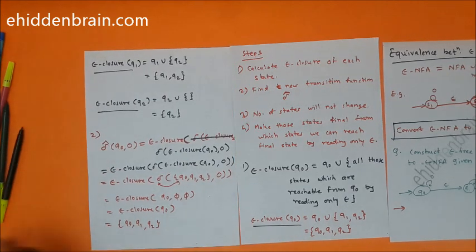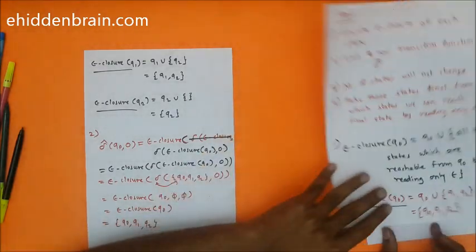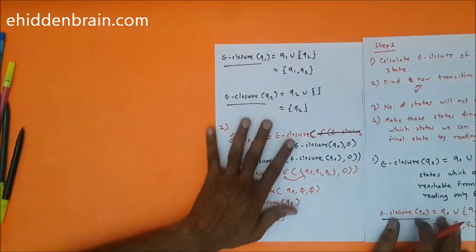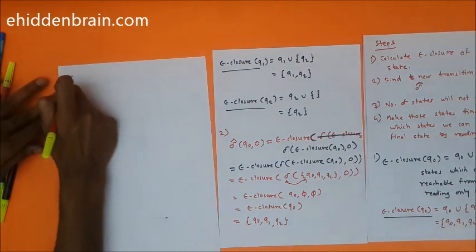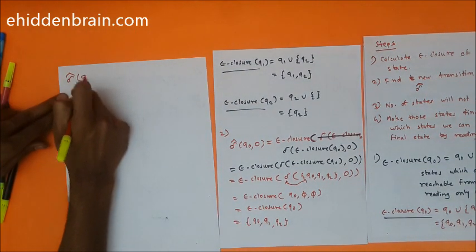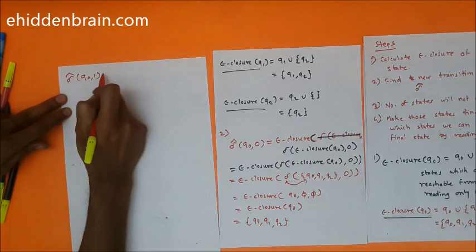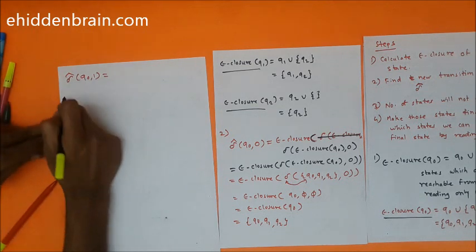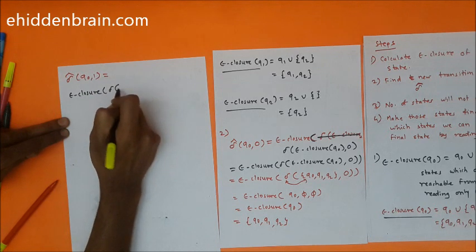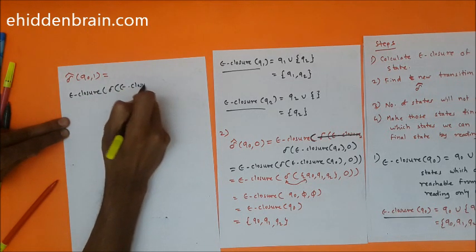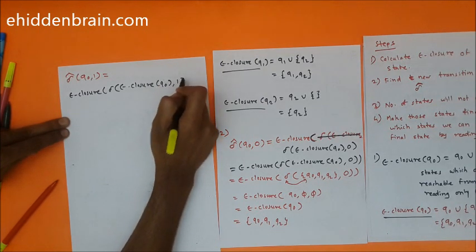So now, if you understood this, I will do it again for you. I hope this is well known to you now. This is the part where I will be explaining the transition function for Q0 on 1. How to get the transition function of Q0 on 1? It will be equal to, let's write it again, the epsilon closure of delta of epsilon closure of Q0 on 1, right?